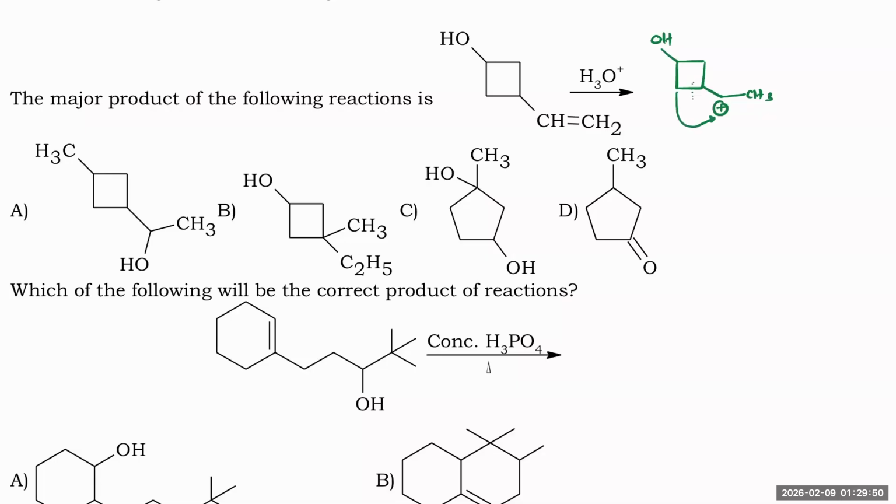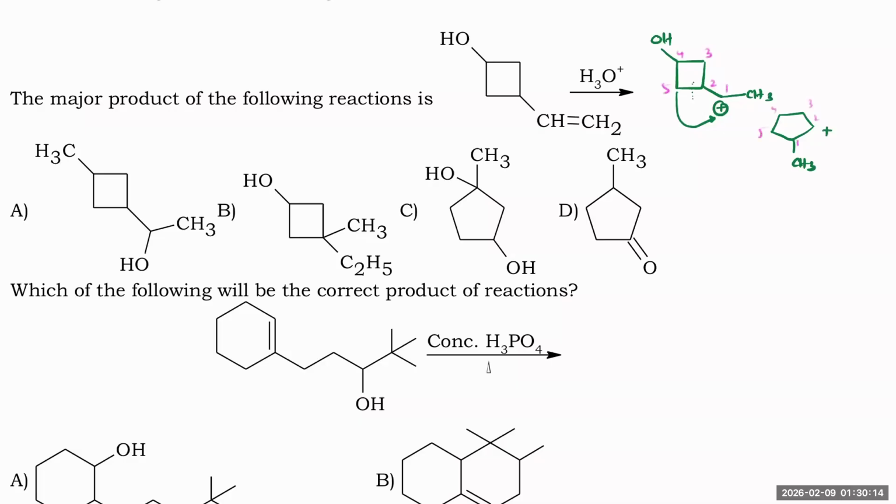The ring will expand here. You will get a 5-membered ring like this with OH. If I put the numbering, this is carbon 1, 2, 3, 4, 5. Sorry, this is not OH, this is CH3.